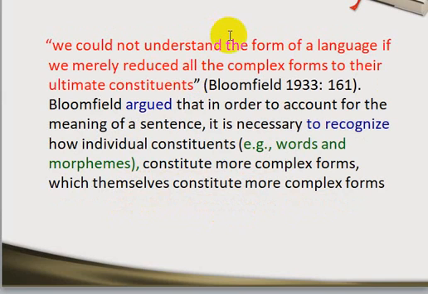We could not understand the form of a language if we merely reduced all complex forms to their ultimate constituents. Bloomfield argued that in order to account for the meaning of a sentence, it is necessary to recognize how individual constituents, for example words and morphemes, constitute more complex forms, which themselves constitute more complex forms.